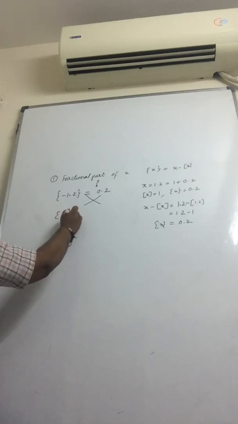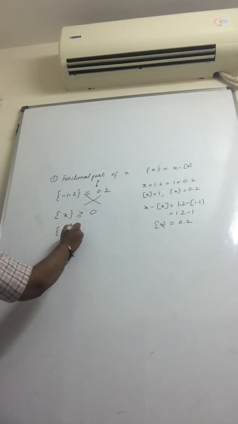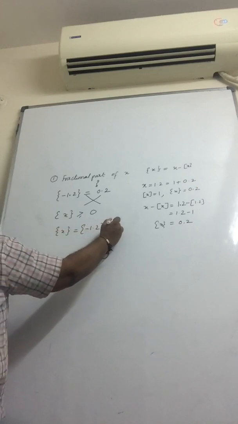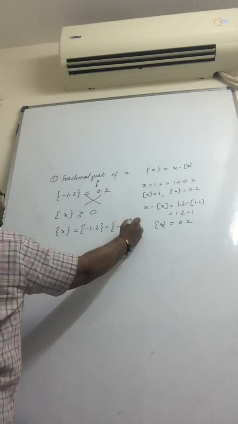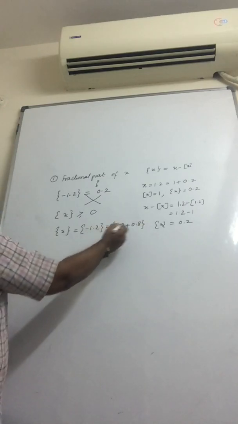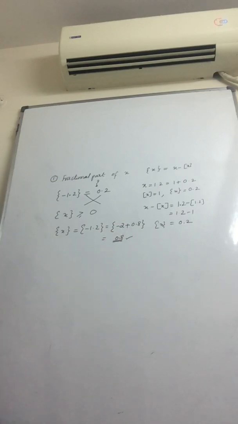Minus 1.2, I will write as minus 2 plus 0.8. So it is nothing but 0.8. So for negative numbers, we have to calculate the fractional part like that.